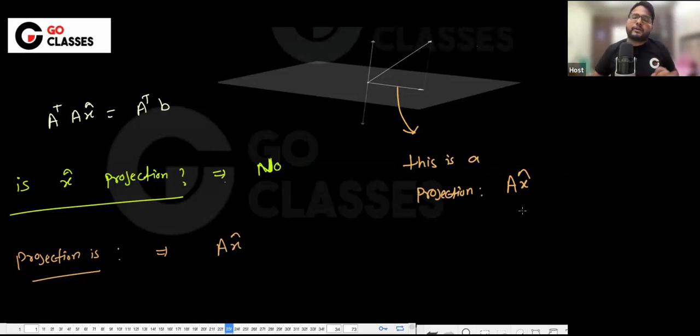We wanted to solve for the best x, but we were not able to solve for the best x. So x cap is basically the coefficients of the columns of A, which is making the projection. Okay, it's like a kingmaker.